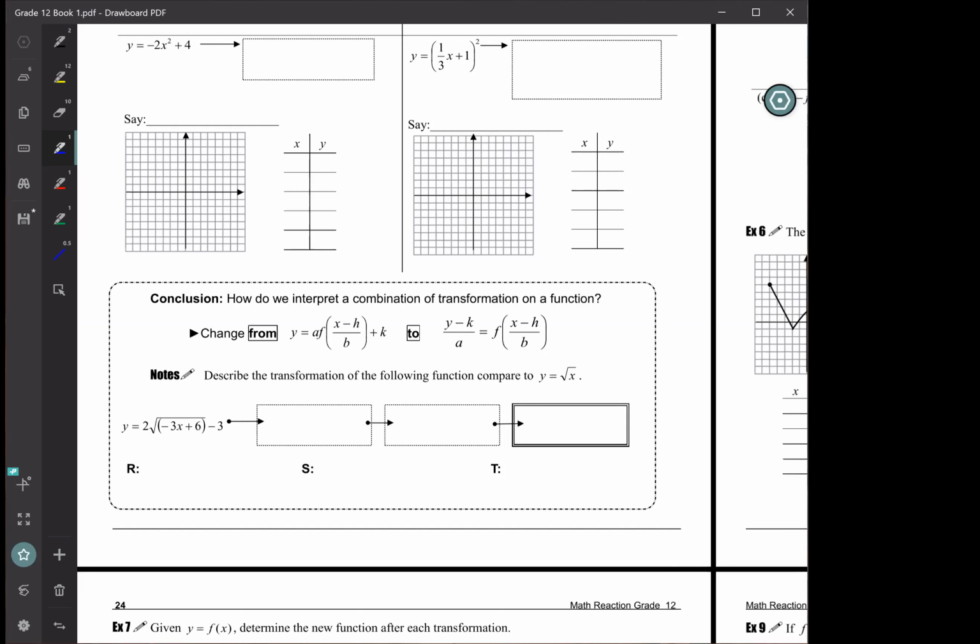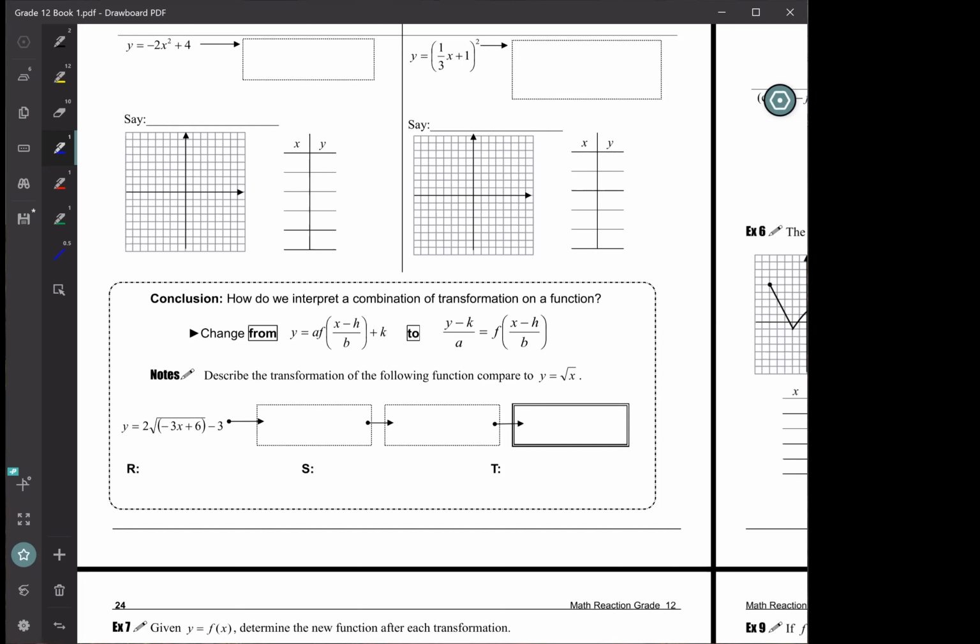Negative with x reflects over y. Negative with y reflect over x. Inverse reflect over y equals x. Number under x horizontal, number under y vertical. Number bigger than 1 expand.